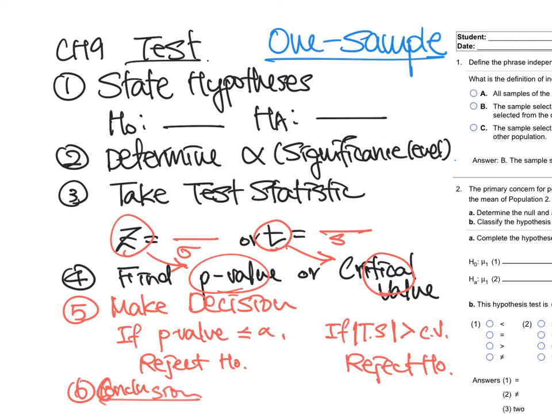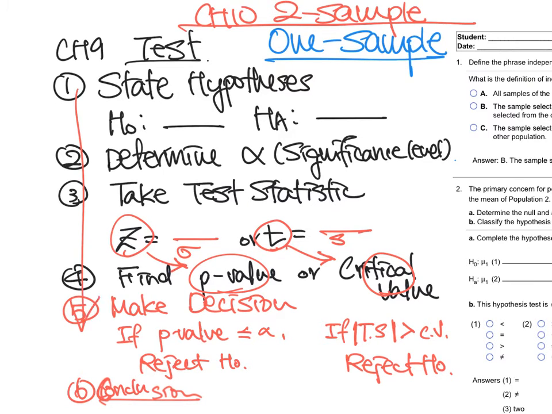But now in chapter 10, we are going to have 2 samples. That means we are going to have 2 populations and 2 samples. But we are going to apply almost the same 6 steps on the 2 samples. That is the topic in chapter 10.